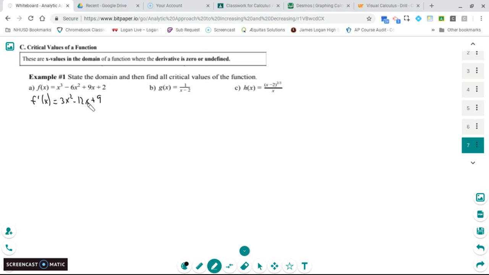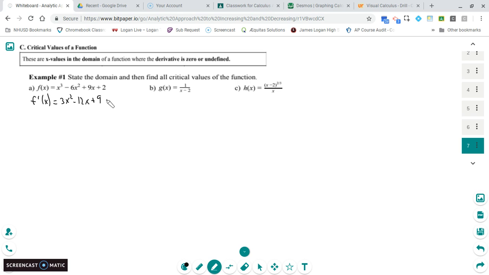All right, this is never undefined, so I can skip that. It is equal to 0. There are values for which it's equal to 0. So let me divide out a 3 from both sides, reducing this down to x squared minus 4x plus 3 equals 0. And I could easily factor that to x minus 3 times the quantity x minus 1.